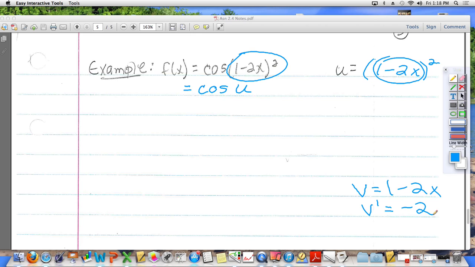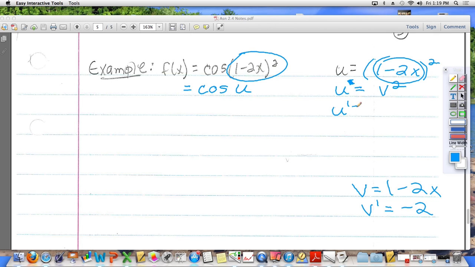So now I'm going to come back up here and say, well, I called u 1 minus 2x, but 1 minus 2x I've renamed as v. So I'm going to rewrite u, not u prime, I didn't mean to write that, just u. I'm going to rename that as v squared. All right, so what is u prime then? 2v.